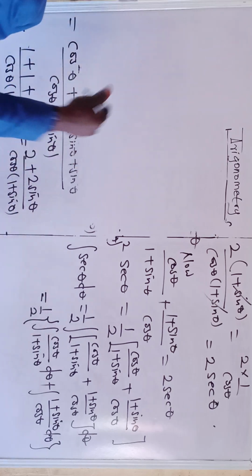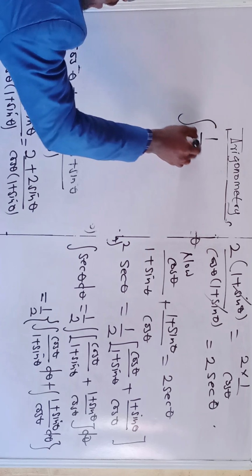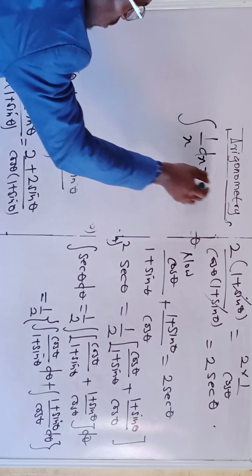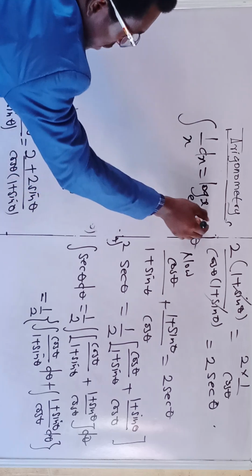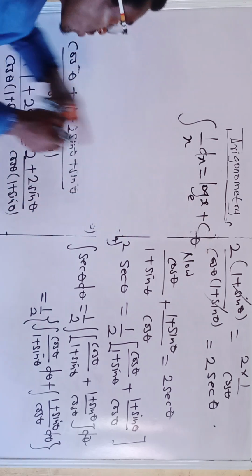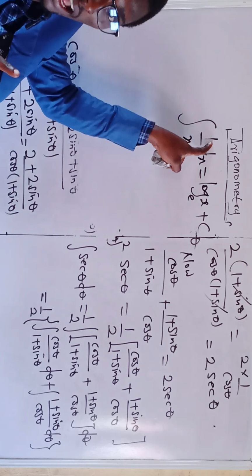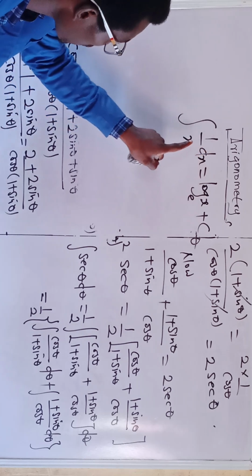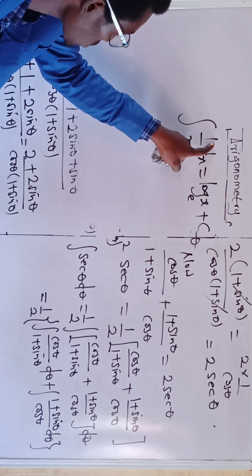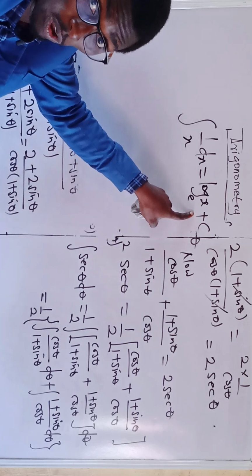Because of that, there's a law that says that if we have the integral of 1 over x dx, it is equal to log to the base e of x, plus an arbitrary constant, because if you differentiate x, you shall have 1, all right? And 1 appears as the numerator. So the law says that whenever the derivative of the denominator is the numerator, you take the log of the denominator. That is the law, all right?